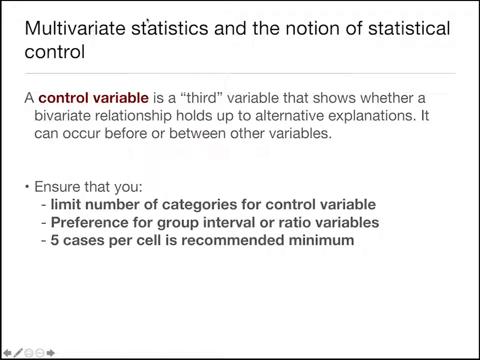Initially, we were going to tackle doing this in SPSS in a certain way, but we decided not to because of what's happening. So what we're going to do is two bivariate tables, okay? And we're going to try to get the point across of doing a control variable, keeping the main idea of it, but making it much simpler for you to deal with.